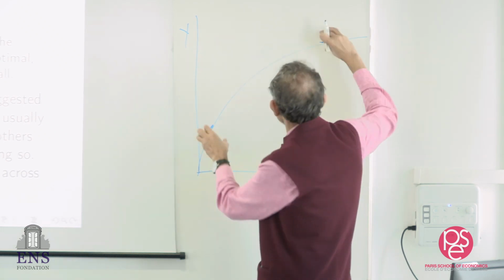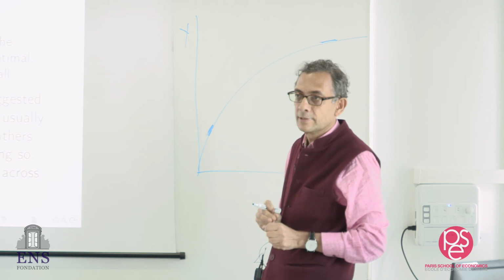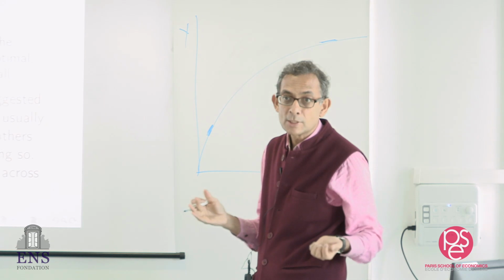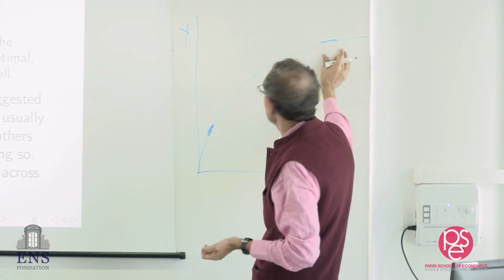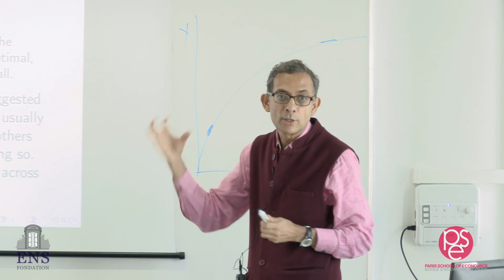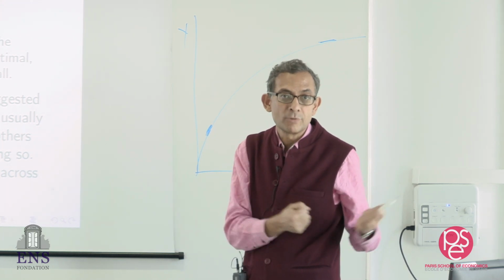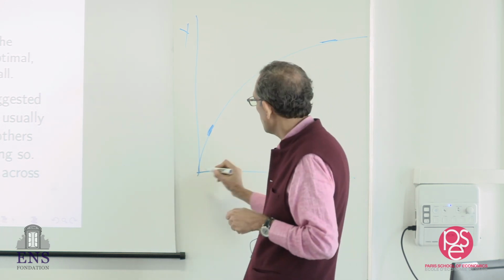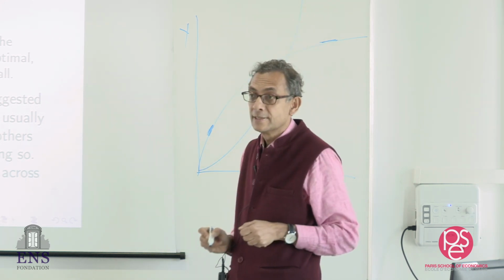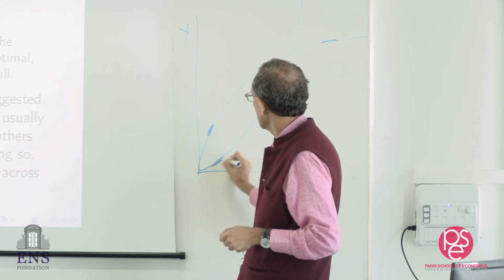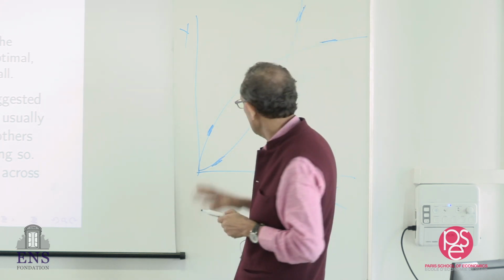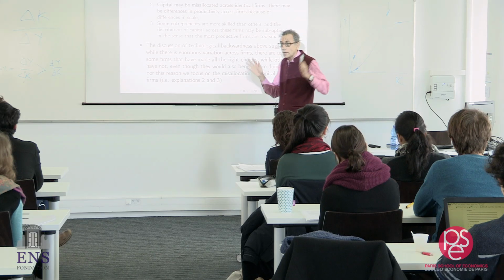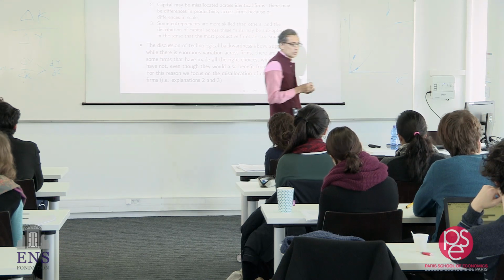What I really need to do is take these and bring them both here, equalize them. So some firms are too small, they have high marginal product. Some firms are too big, they have low marginal product. I should take all the capital away from the big ones and give it to the small ones. Or I could draw a production function where the opposite is true, where these firms have low marginal product and these firms have high marginal product. I should take the capital from here and give it to them. That's one possible source of inefficiency.